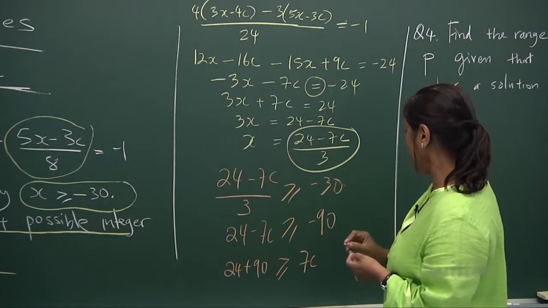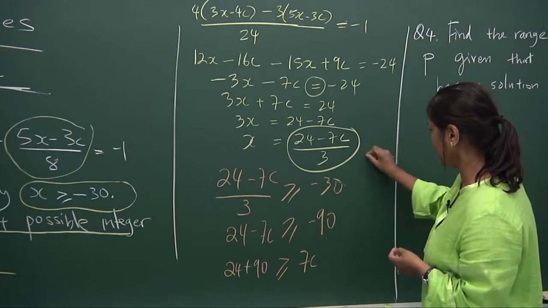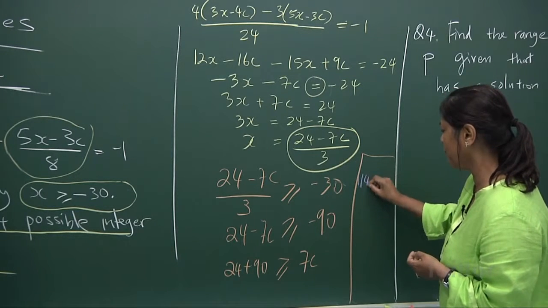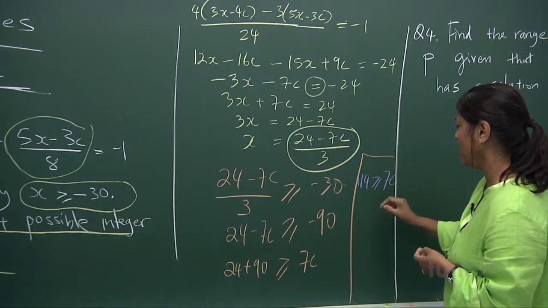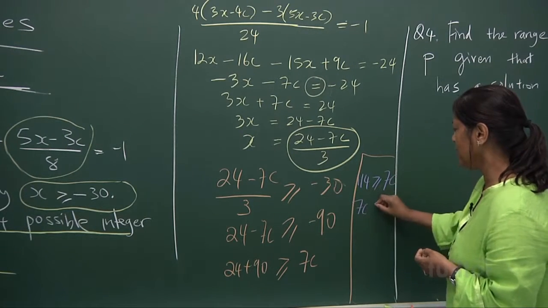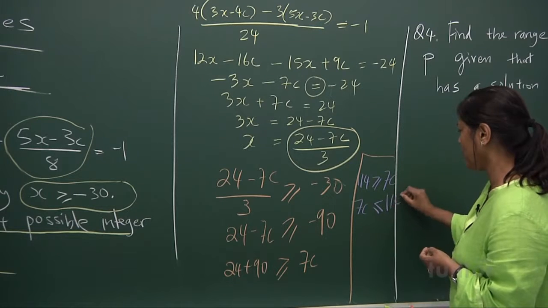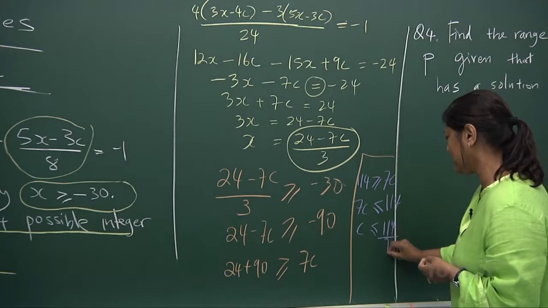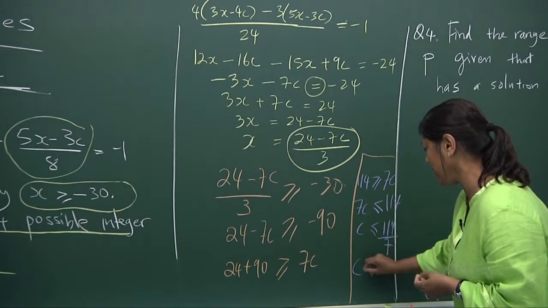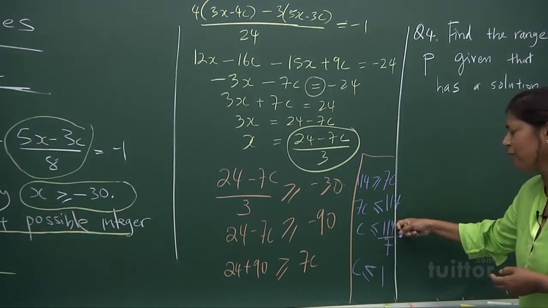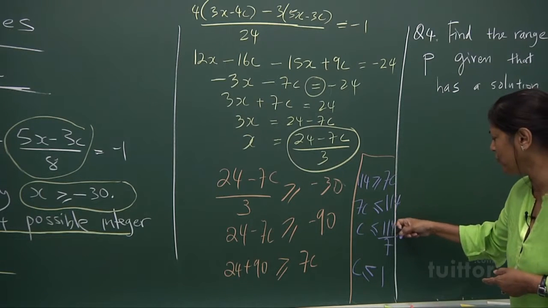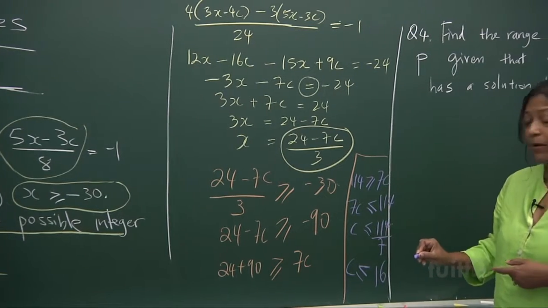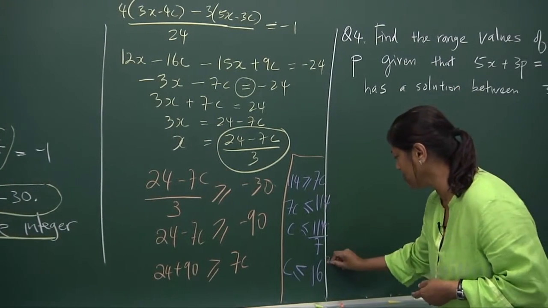So we can say that 114 is greater than or equal to 7c, or we can say 7c is less than or equal to 114. Divided by 7, your c is going to be 1 whole, carry the 4 over, 44. 44 divided by 7 is 6, which is 42, and 2/7.